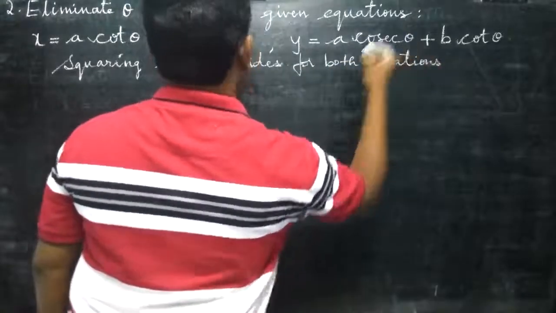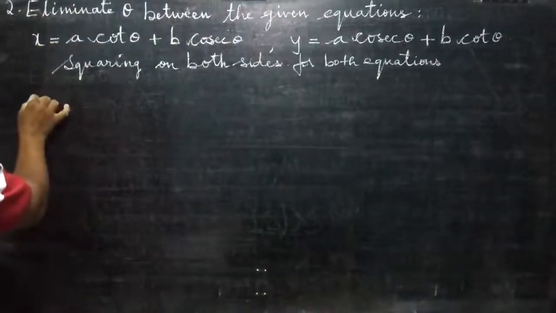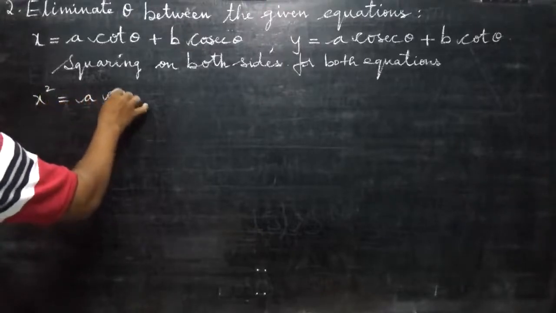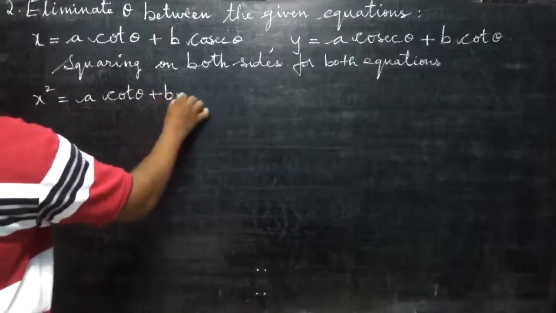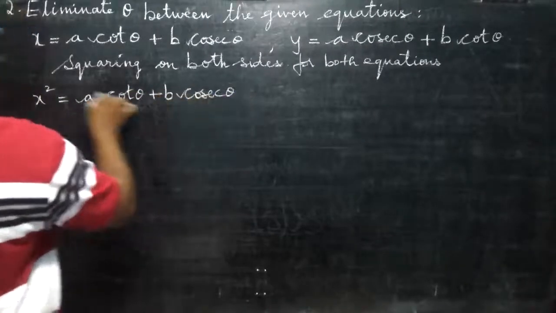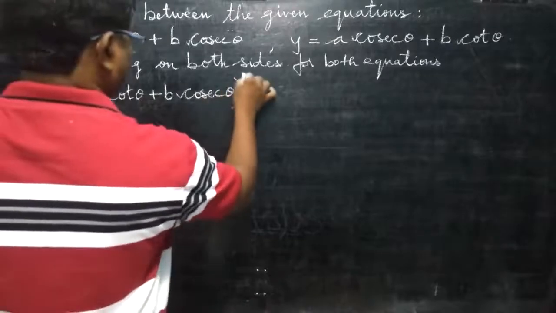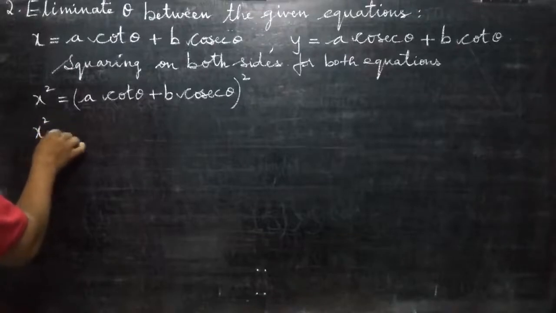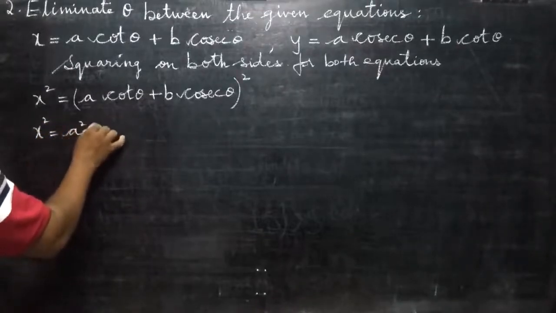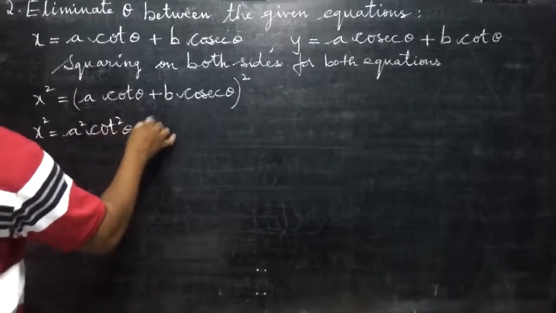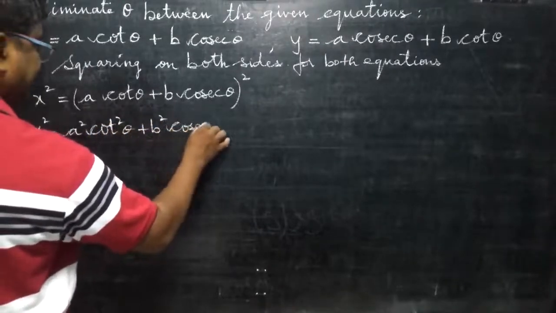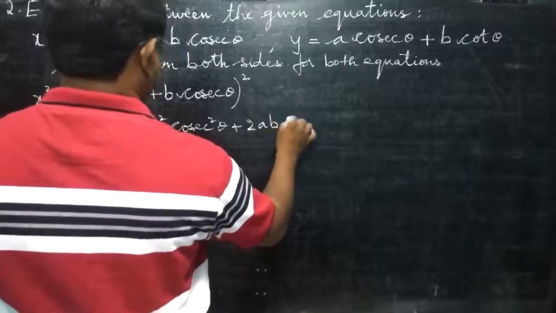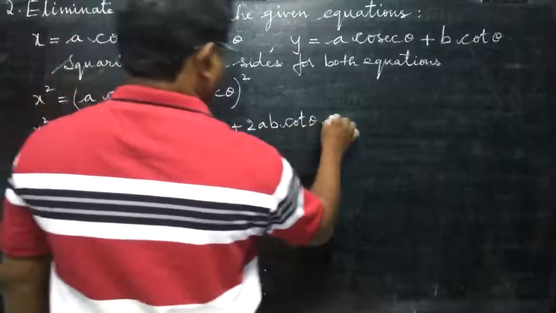Now we will take the first one. x square is equal to (a cot theta plus b cosecant theta) whole square, because we are squaring on both sides. x square is equal to a square cot square theta plus b square cosecant square theta plus 2ab cot theta into cosecant theta.